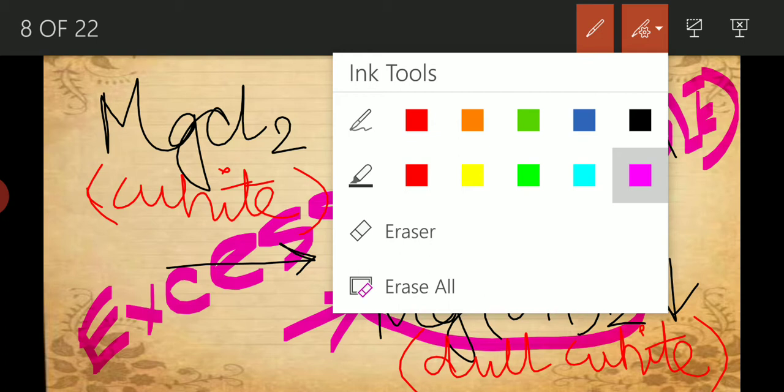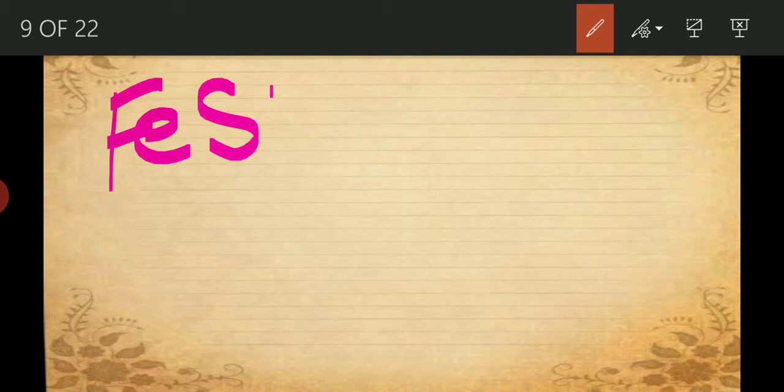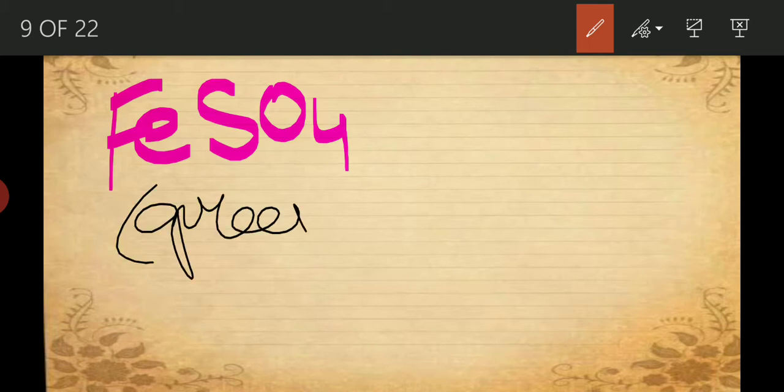Okay, now let's move on to the next slide. Next example is of ferrous, Fe2+. Let's take ferrous sulfate. Ferrous sulfate is green in color.